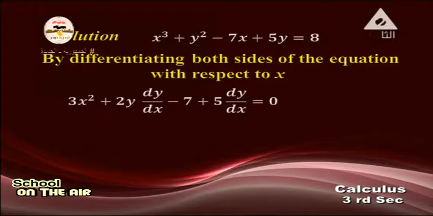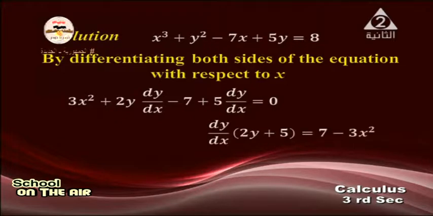Then the derivative gives 3x power 2 plus 2y dy dx minus 7 plus 5 dy dx equals 0. Now we have two terms including dy dx, so we can take dy dx as a common factor in the left hand side.